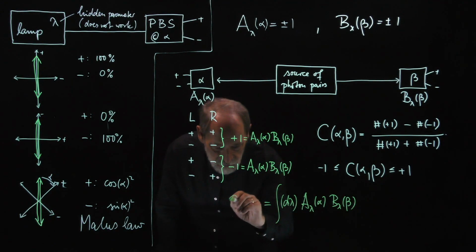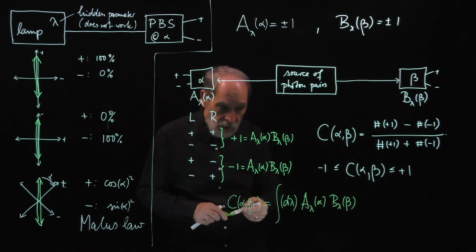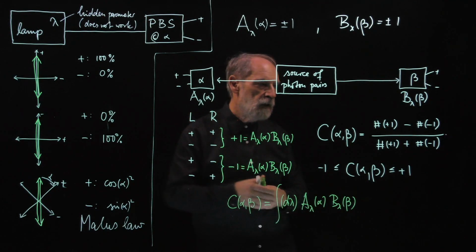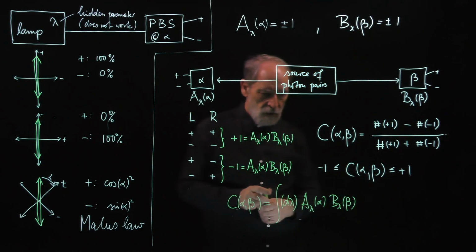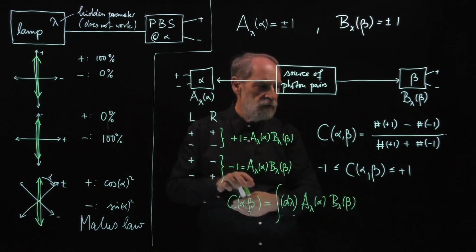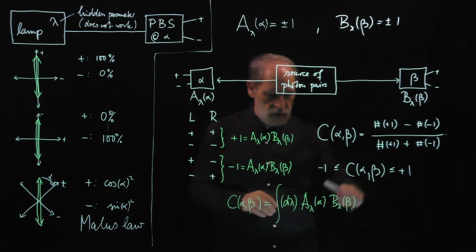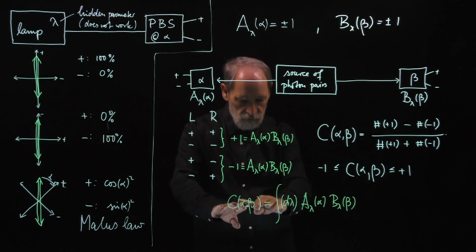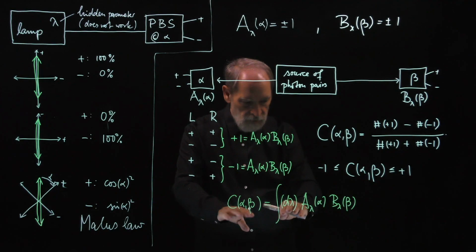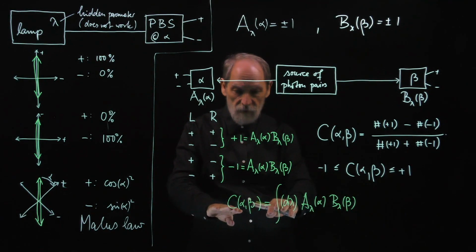And so this is the expression for C(alpha, beta) as we calculate it from these hidden functions A(lambda, alpha) and B(lambda, beta). So here we have the expression for C(alpha, beta), and it comes from the data observed in the experiment. How often do we see positive correlations? How often do we see negative correlations? This is the way we calculate this number from an underlying theoretical description that assumes these hidden parameters.